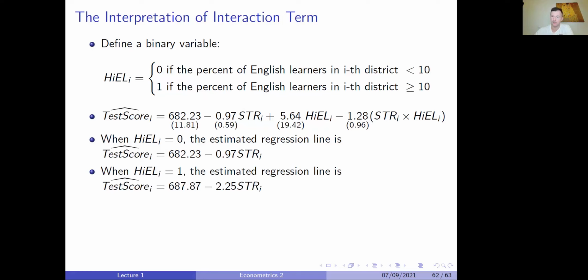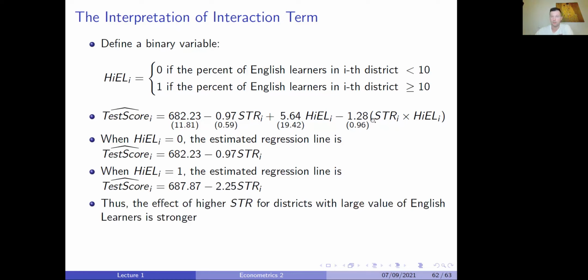When we have schools with a large immigrant community, more than 10% non-native students, the slope is different, minus 1.28. So one additional student in such districts reduces the test score by 1.28, which is a stronger effect.